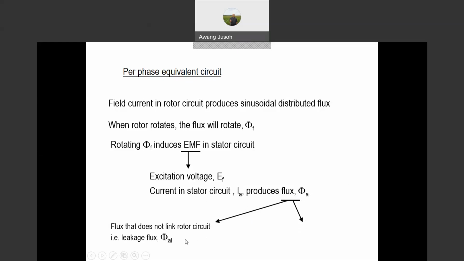This one we call the leakage flux, or flux AL, which is not linked to the rotor side. The other flux is linked to the rotor circuit. This flux we call the armature reaction flux, or flux AR. So flux A from IA generates two fluxes: armature reaction flux AR and leakage flux AL.